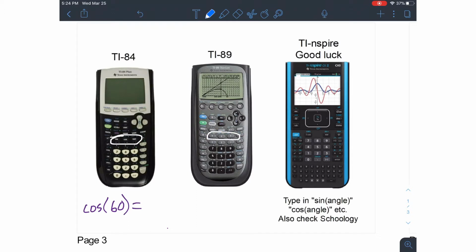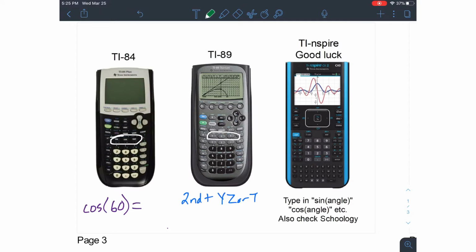So again, that will be second, and then either Y, Z, or T. Now, good luck for the people with the Inspires. No, actually, I'm joking. I explained down here at the bottom how you are going to do that. For people with the TI Inspire, you actually just type in whichever one you need right there on your keypad.